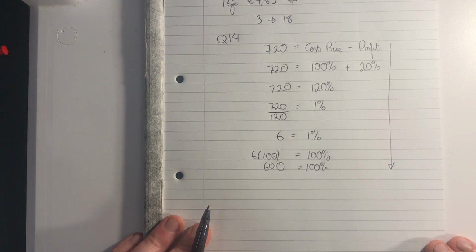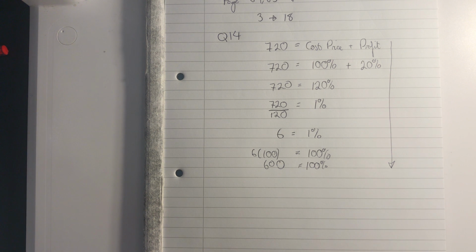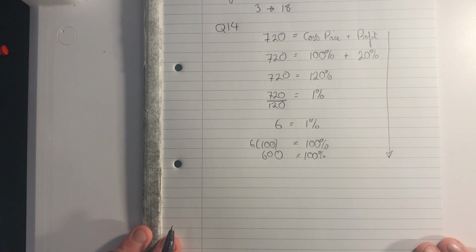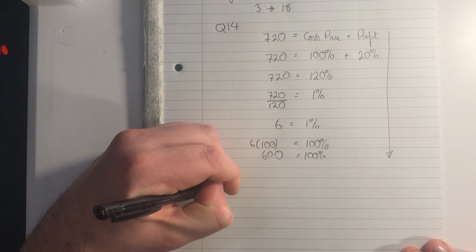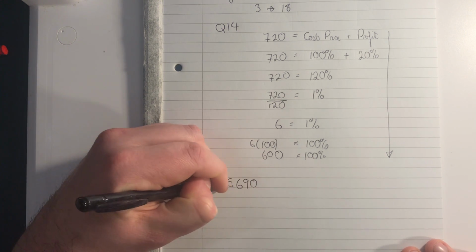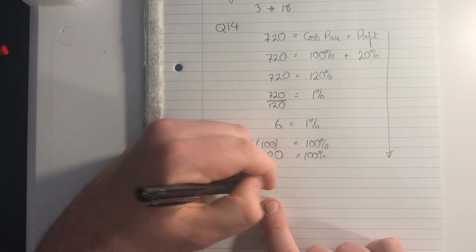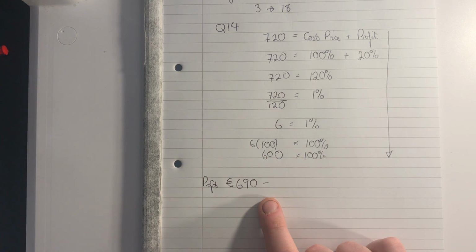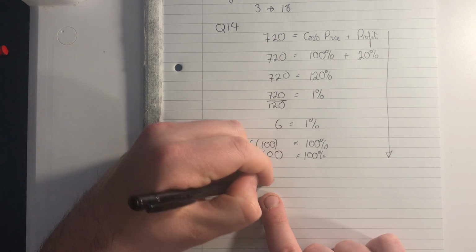Now, part 2. If the store sold the television sets for €690, what percentage profit would it make? Okay. So €690 it sells them for. So the profit must equal 690 minus 600.